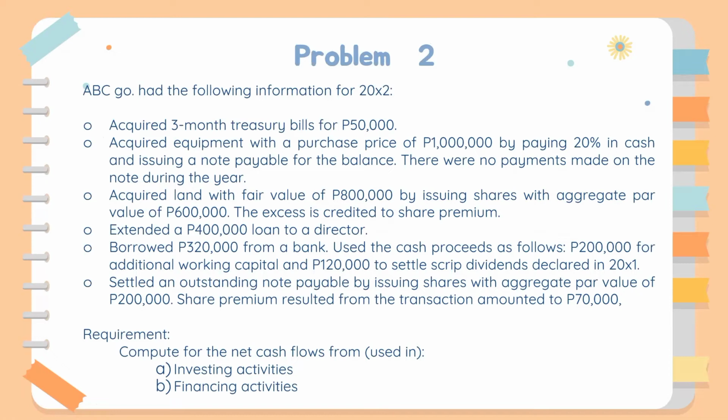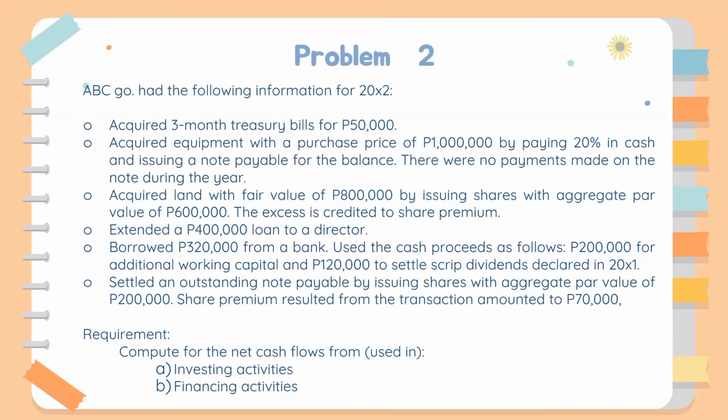There were no payments made on the note during the year. Acquired land with fair value of 800,000 by issuing shares with aggregate par value of 600,000. The excess is credited to share premium. Extended a 400,000 pesos loan to a director.